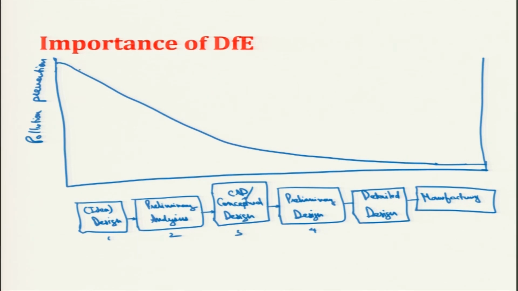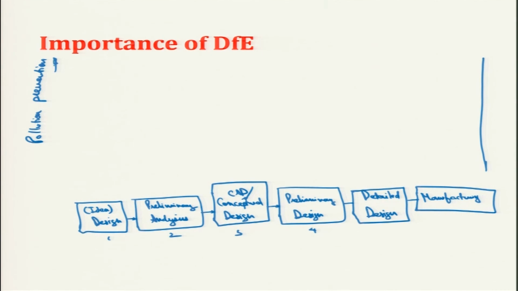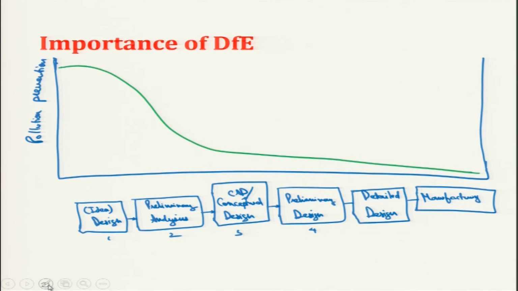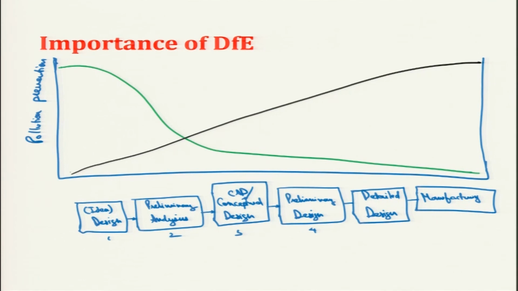I would put a green line here. This is DFE, and if we do not conduct DFE, the other way is end of pipe treatment, in this direction.